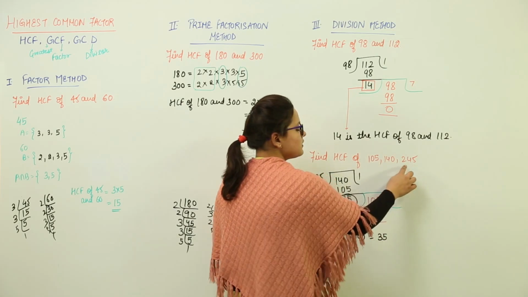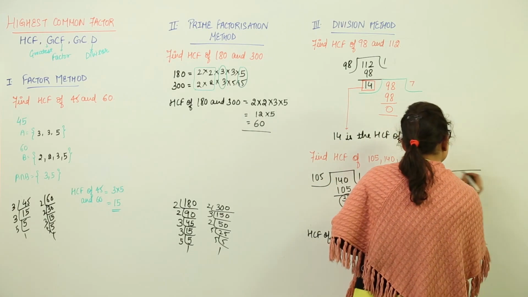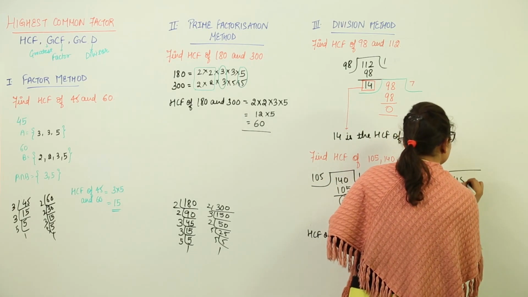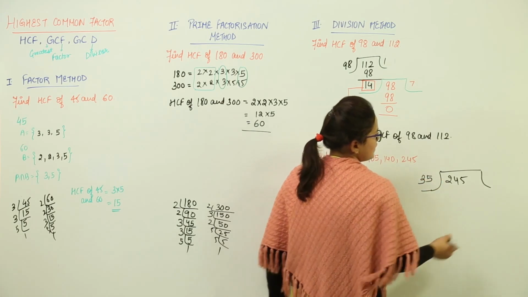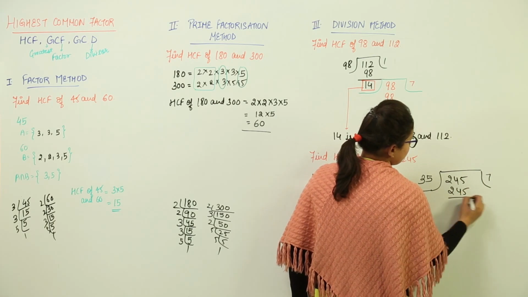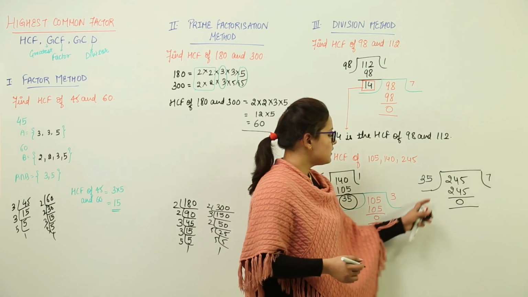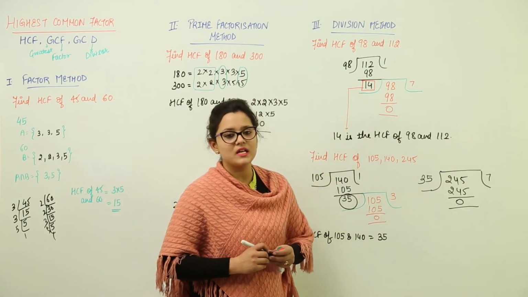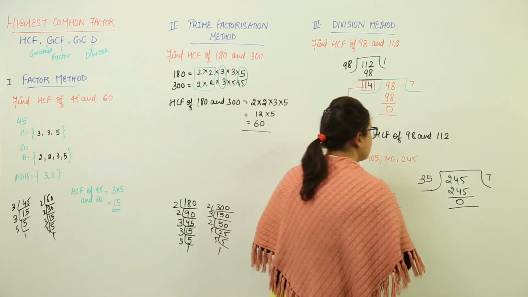You take it along with the third number and divide. Once you divide it with the third number, that is 245, 35 7s goes with 245 and you leave 0 as the remainder. That means on dividing the third number with the HCF of the previous two, you have again got the same number 35.